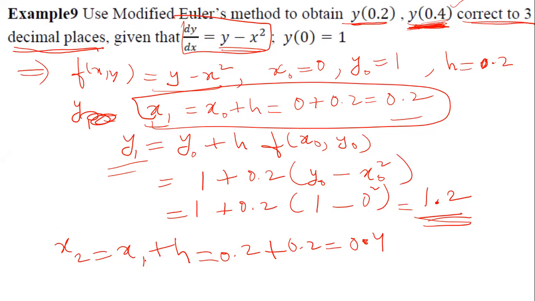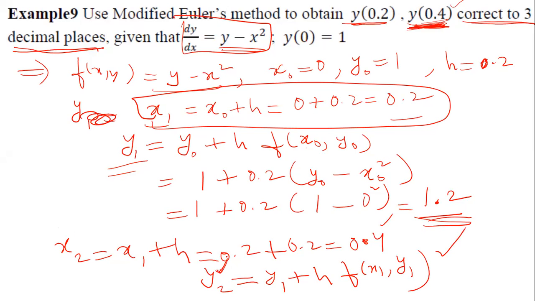And you can find your y2 from the Euler formula. From the Euler formula, y2 will be y1 plus h f of x1, y1. So using this Euler formula, you find a value of y2, and here your x2 is 0.4.